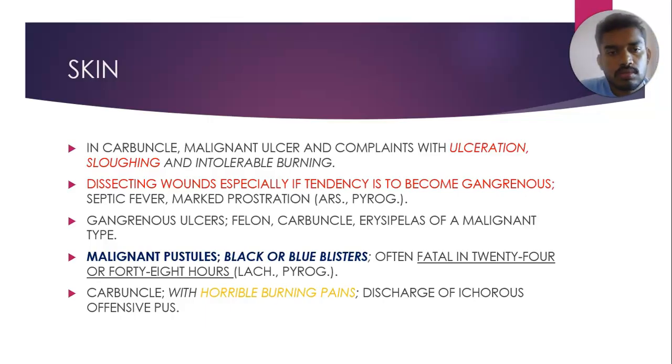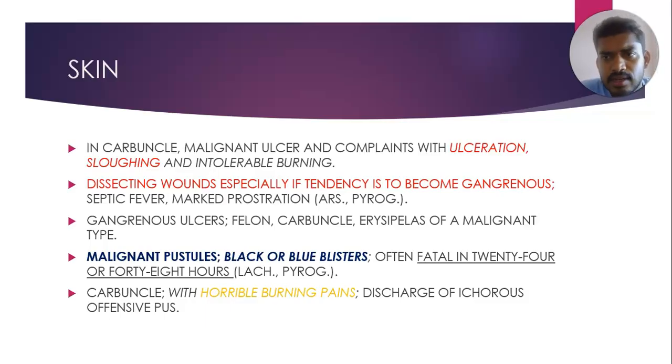Okay, so please remember the aggressiveness of anthracinum. The following symptom is that only. Malignant pustules of black or blue blisters, often fatal in 24 to 48 hours. Okay. Again, another remedy coming up here is lachesis and pyrogen. So pyrogen is going to come in almost every one of these.